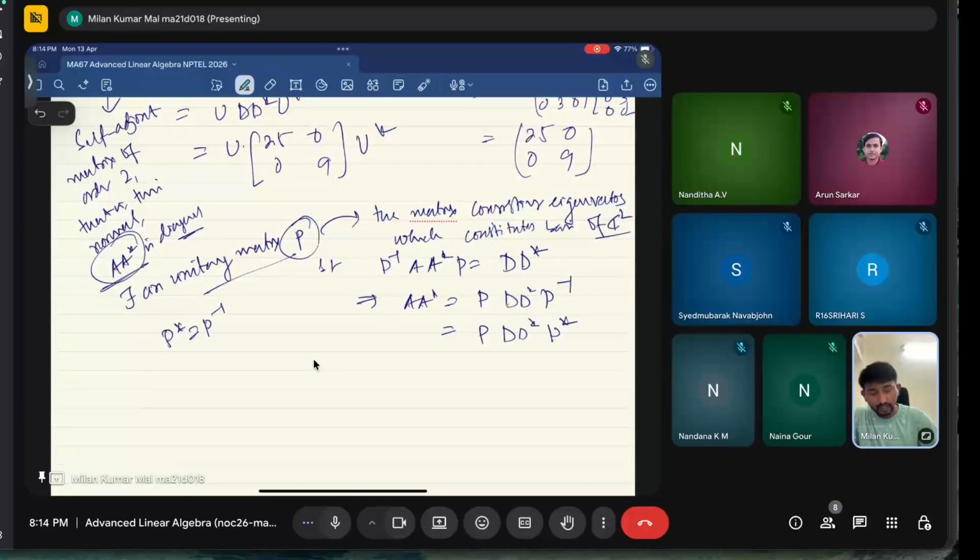Here the vector space is C2, because A star is a 2 by 2 matrix, an operator on C2.